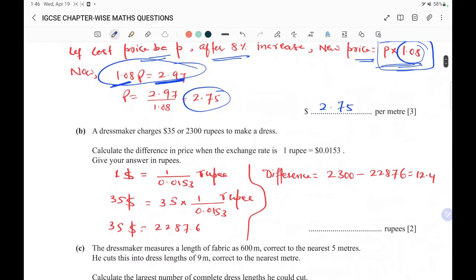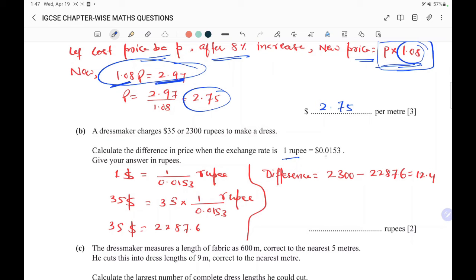Then part B: a dressmaker charges $35 or 2,300 rupees to make a dress. Calculate the difference in price when the exchange rate is 1 rupee equals $0.0153. Give your answer in rupees. So $1 is... 1 rupee is 0.0153.